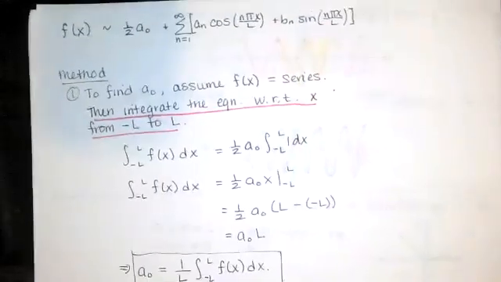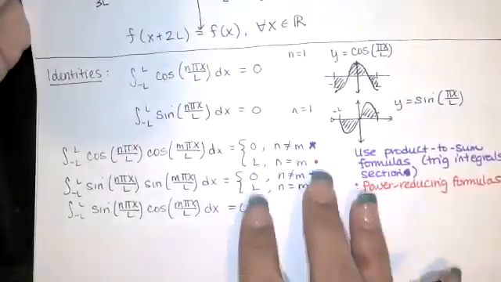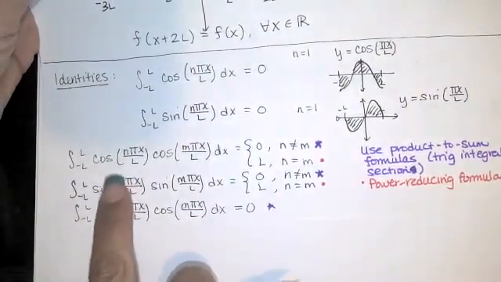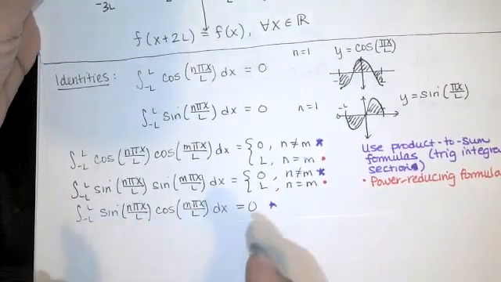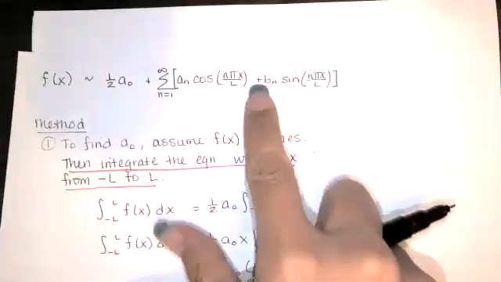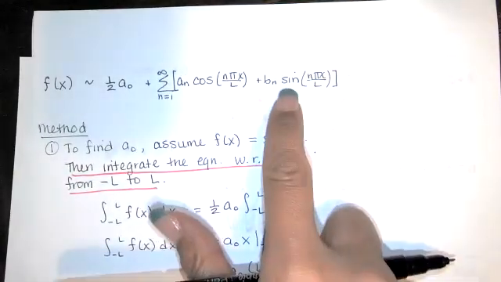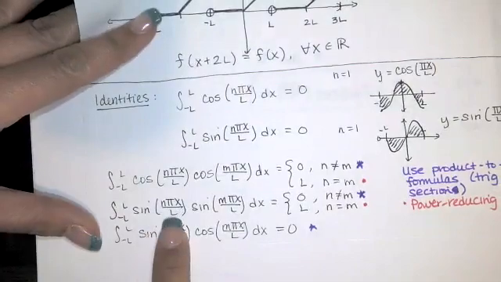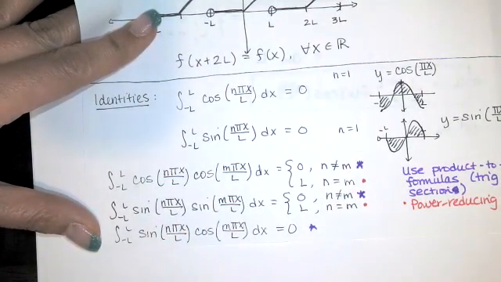B sub n is multiplied by sine of n pi x over L. And if I look at my identities again, if I want to keep that b sub n term around, I need to multiply a sine by another sine. So I need to multiply sine of n pi x over L by sine of m pi x over L, and then we'll integrate from negative L to L.